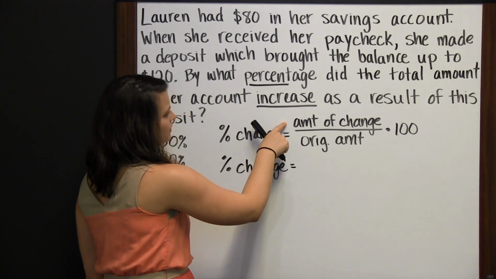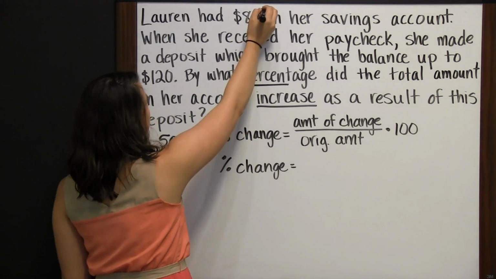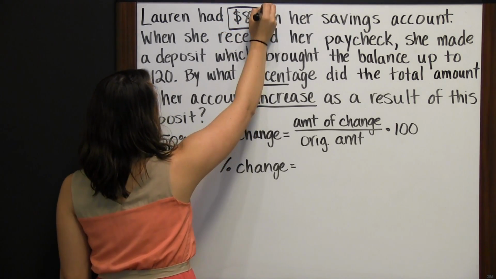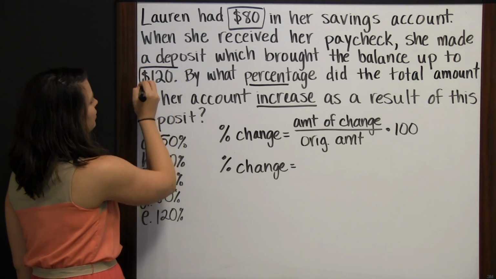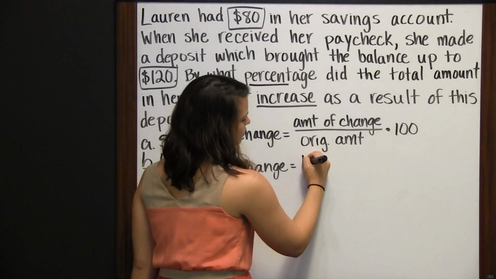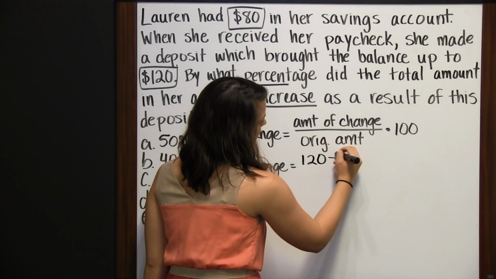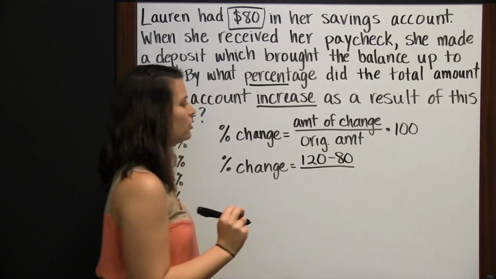The amount of change is found by subtracting the two amounts. So she started at $80 and her balance went up to $120. So the change is 120 minus 80 divided by the original amount.